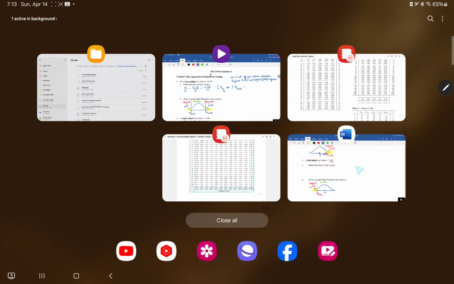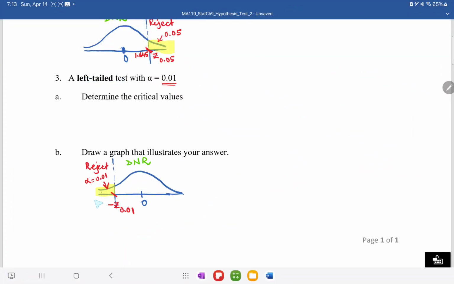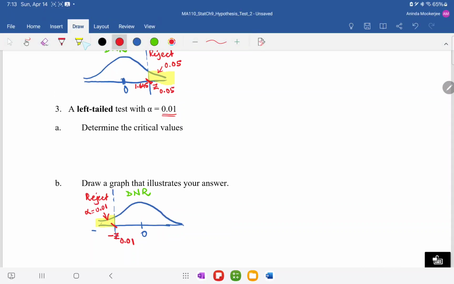So let's go back. It's going to be negative 2.326. So let's answer part A now. We are looking for z of alpha, but because it's a left tail test, it's going to be negative z of alpha, which is negative z of 0.01, and we looked up our table.